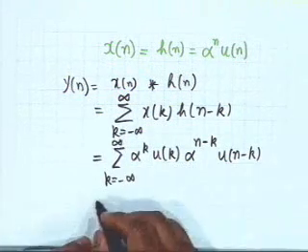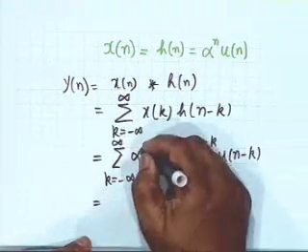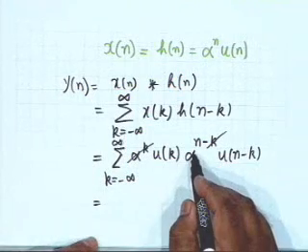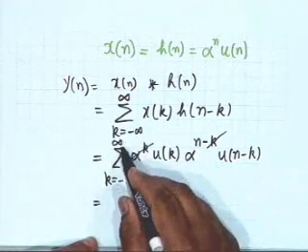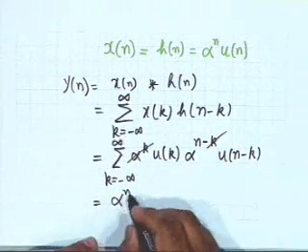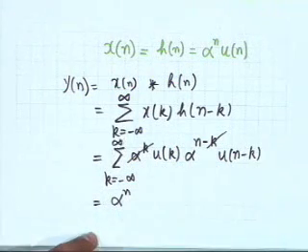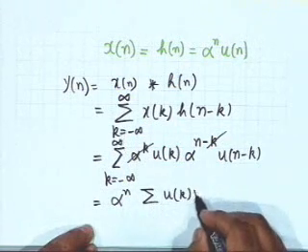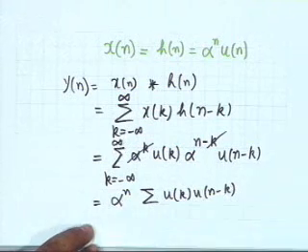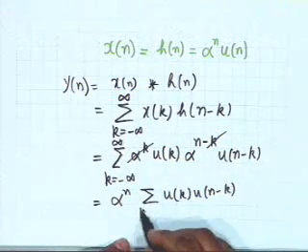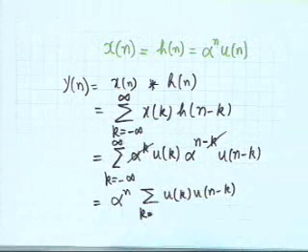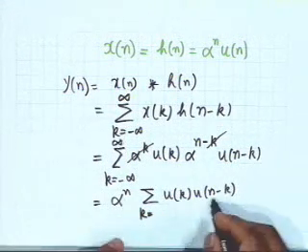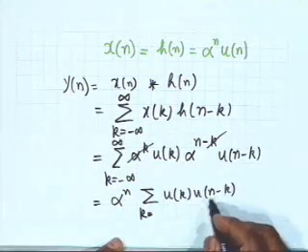Now these two, alpha to the k and alpha to the minus k, they cancel. Alpha to the n, the summation is over k, so n must be a constant. You can take it out, alpha to the n. What remains inside is the product u of k u of n minus k. Now u of k is 1 for k greater than or equal to 0. u of n minus k is 1 for k less than or equal to n.